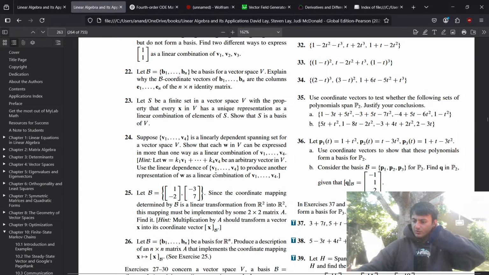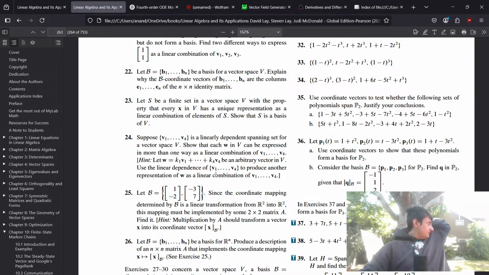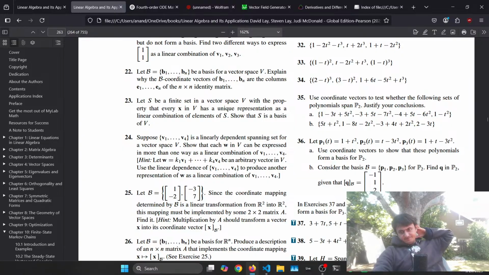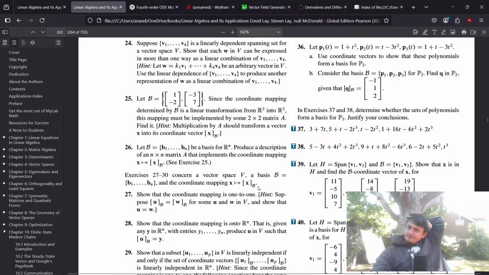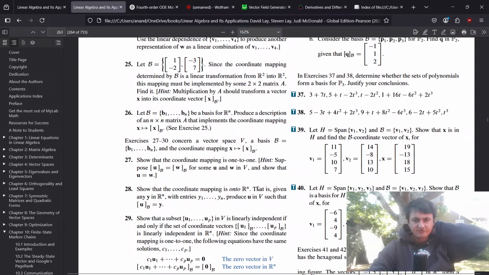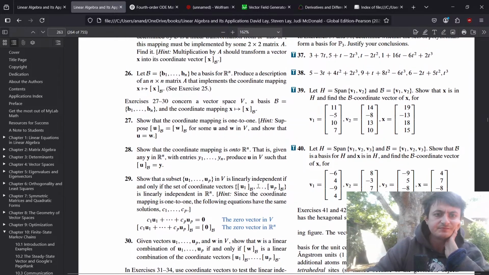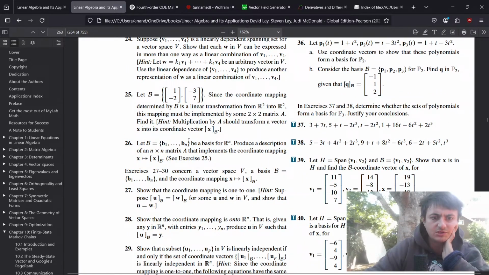Okay. 24. Suppose that V1 to V4 is a linearly dependent spanning set. I'll skip that one. That one's boring. Okay, all this stuff is just inverses and stuff like that. Maybe we'll just do 27 and 28.